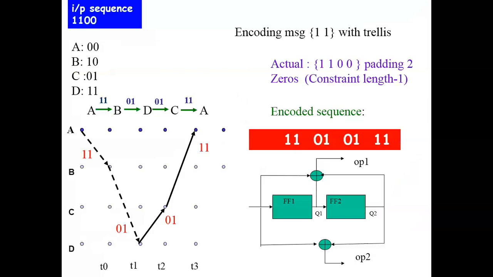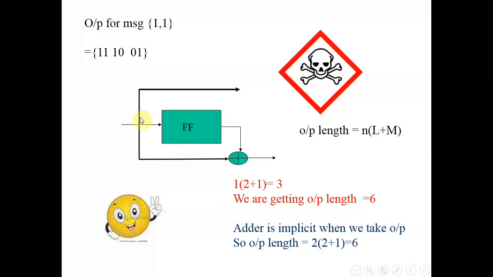Now let's move ahead and see a very interesting point. If you refer to this convolution encoder, it has one input. So there might be a notion that a convolutional encoder can accept only one input at a time, but that is not true. We will be updating this knowledge of number of inputs in this particular video. Another important point is this is accepting one input and producing two outputs.